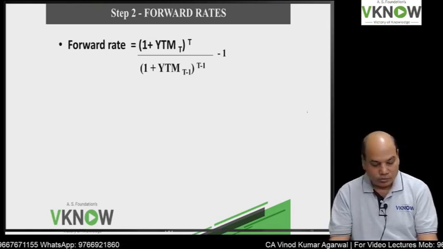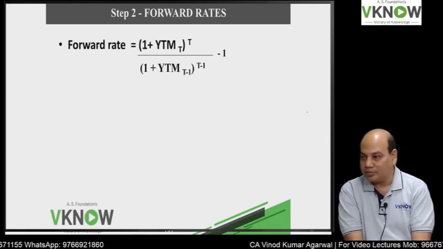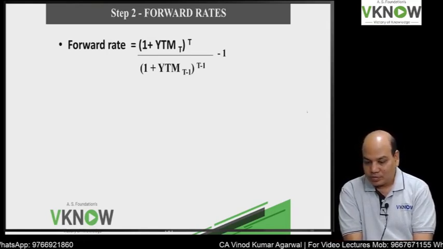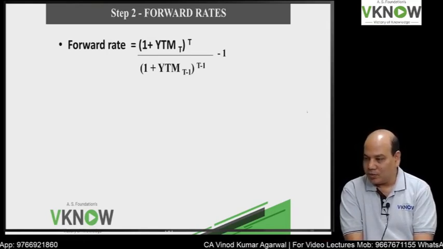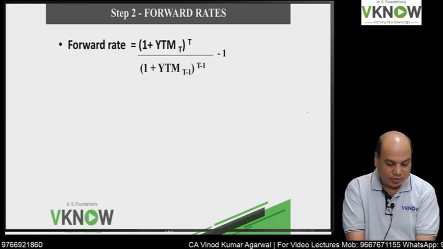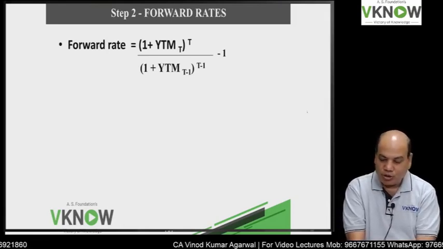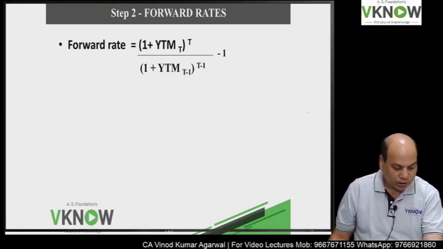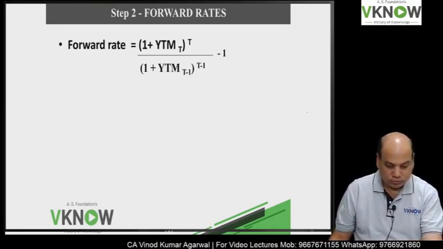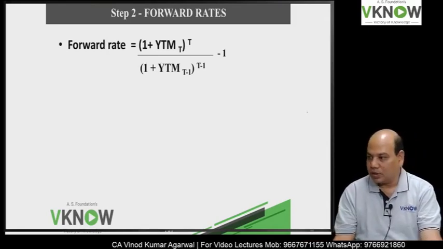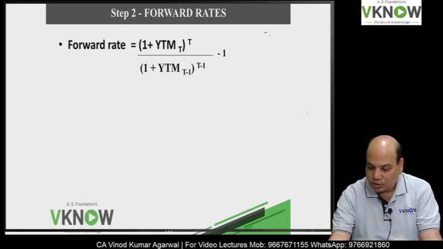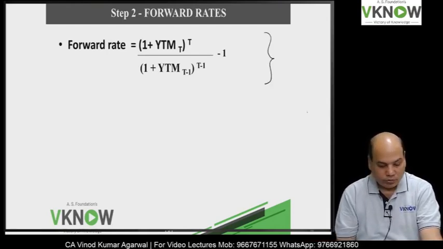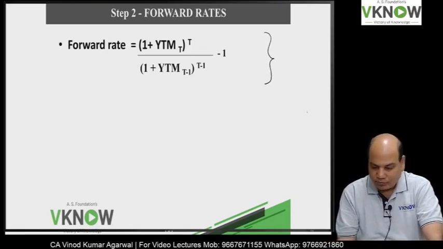Forward rate is equal to (1 plus YTM T) to the power T upon (1 plus YTM T minus 1) to the power T minus 1, and then minus 1. This formula you should know for forward rates. This formula will save a lot of time.